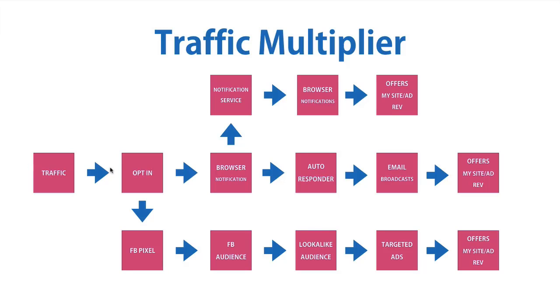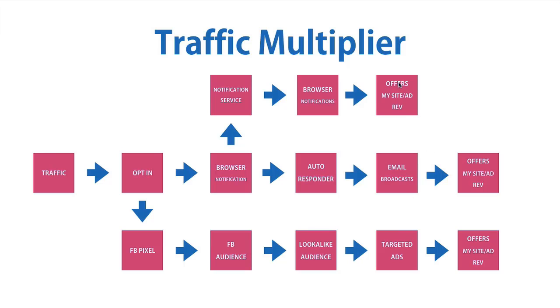So 100% of the traffic that you send to that initial page, you will be able to utilize, whether or not they opt in to the browser notifications, whether they opt into the email, you're also going to have this Facebook pixel.